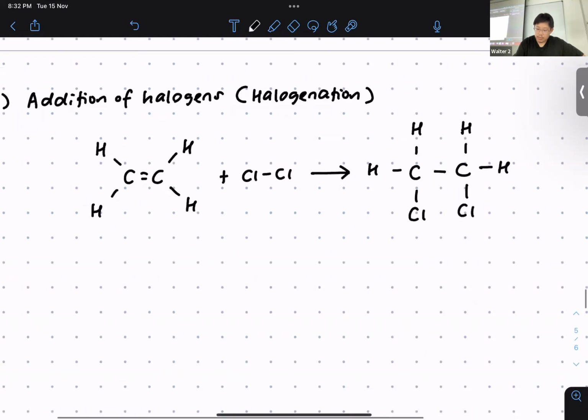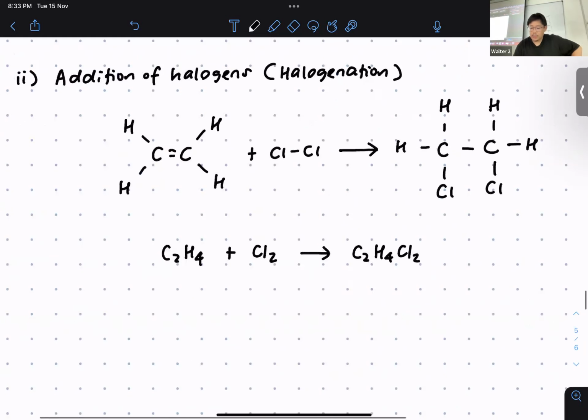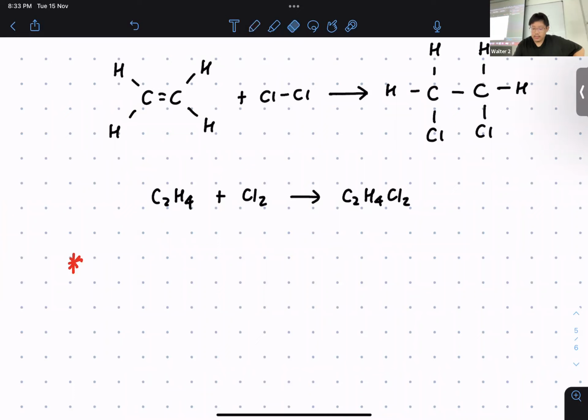The chemical equation here is very simple. You have C2H4 plus Cl2, and you'll get C2H4Cl2. Now, halogenation has a very significant use. All right, I'll put another side note here for you. This is actually related to your identification of organic compounds.